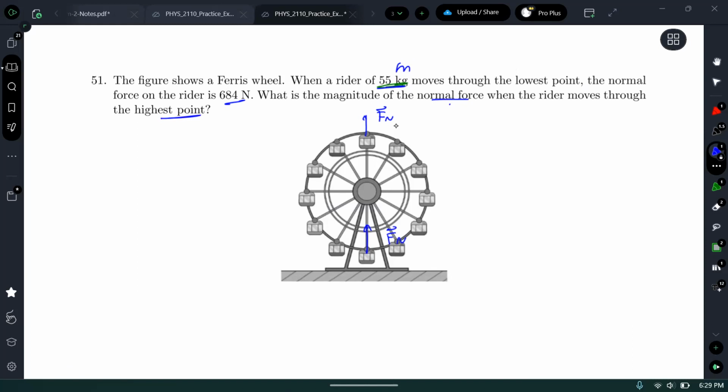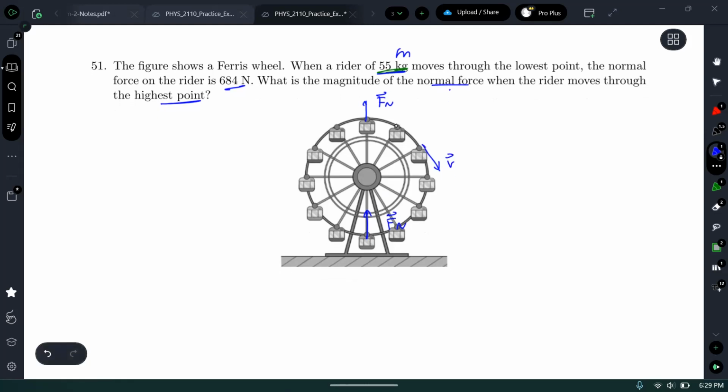Maybe it's not explicitly stated, but it's the fact that the Ferris wheel is rotating at a constant speed. It's not stated, but Ferris wheels tend to do that as far as I know once they get going. So I'm going to assume that that tangential velocity has the same magnitude. The tangential speed is the same no matter where we are.